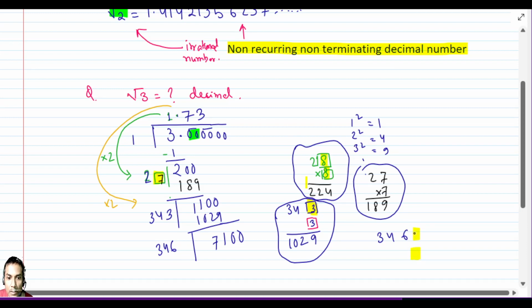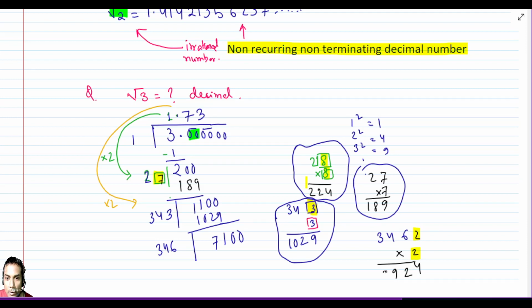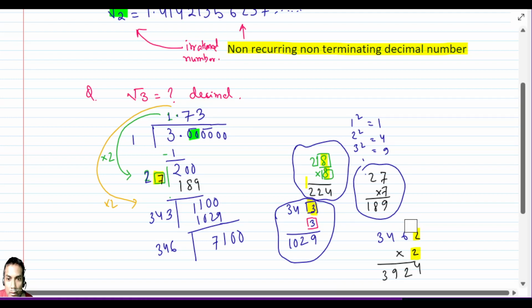So I consider 2 here. 6 6924, 176. So if you want to continue to more decimals, then transfer this 2 here.